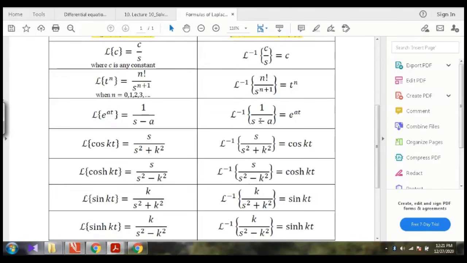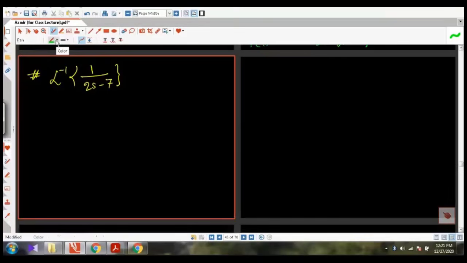The third one is close. So we are assuming that this formula can be applied. Inverse Laplace of 1 over s negative a is e power at.